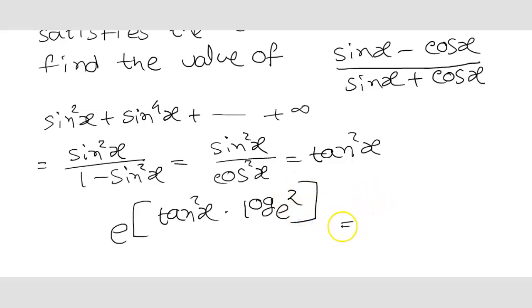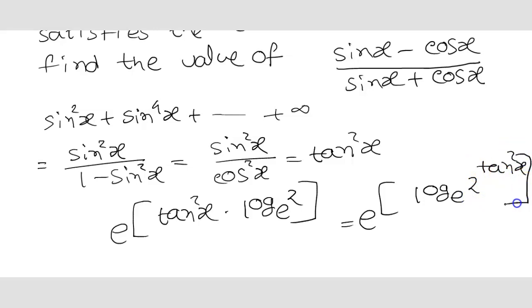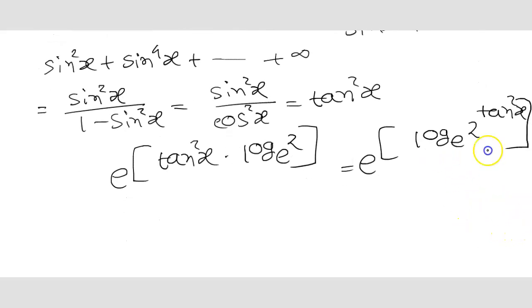By using logarithm properties we can write it like this, say 2 to the power tan square x, right? Now as this whole thing is in the power of e, applying the properties of e and logarithm we can simplify it as these things.